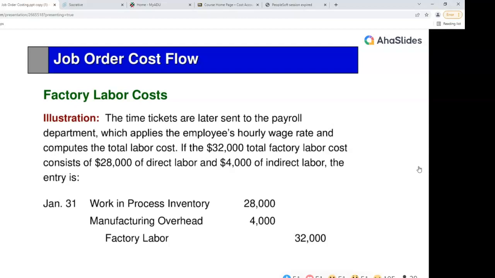And so I know that it's 32,000. Well, that's sitting as a labor expense in my records. It's a debit, factory labor expense. So I credit it because it's not an expense, and I debit the work in process, which is an asset, and the manufacturing overhead. I debit the work in process for the direct costs and the manufacturing overhead for the indirect costs.